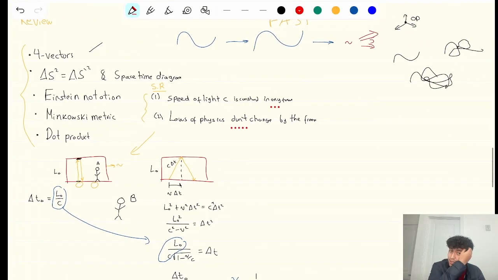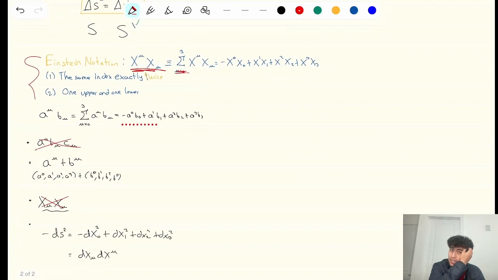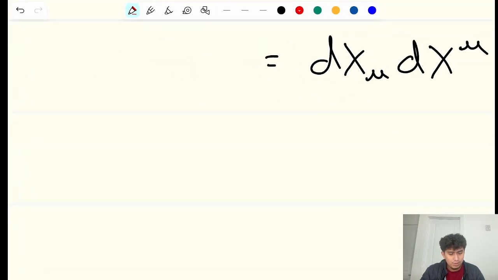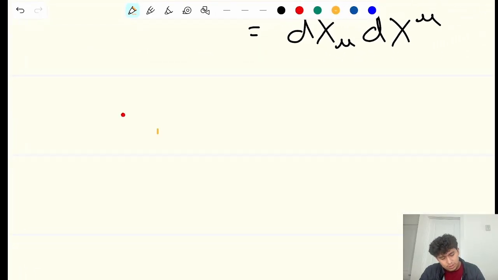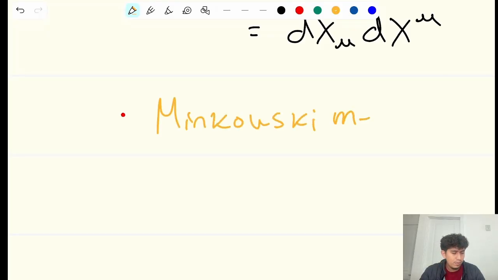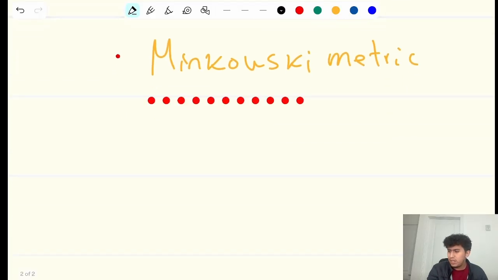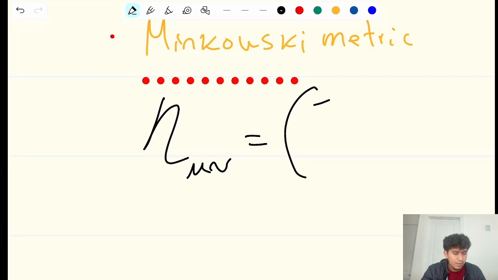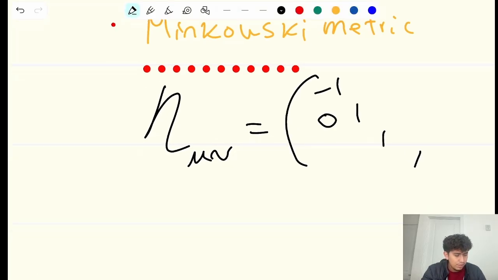Okay. So now the Minkowski metric. I told you about the minus sign that is here in the first component, and where it comes from, let me show you. This is gonna make more sense with an example. First, the Minkowski metric, we can describe it by a matrix. It's just this matrix that is -1, 1, 1, 1, and then there's a bunch of zeros here.